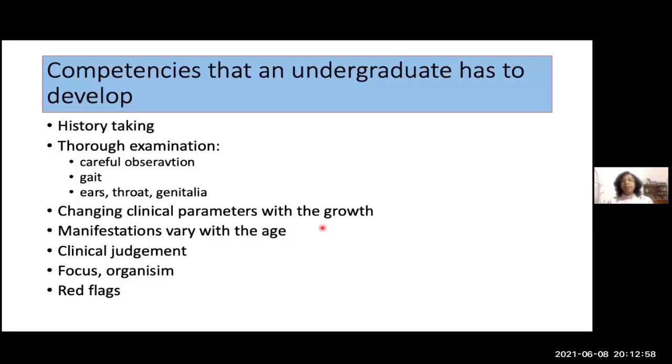And finally, you need to have the ability to identify red flag features, which are crucial in decision making for emergency management and to save the life of a child. Okay.